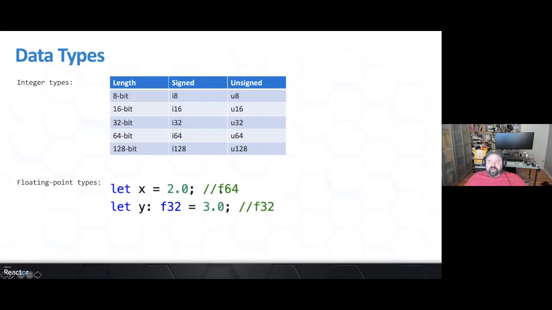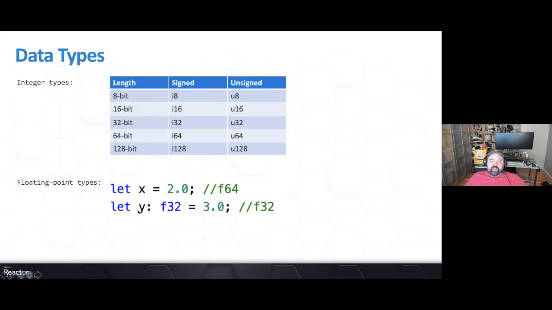So by default, F64, the 64-bit floating point number, is the default, because most modern systems these days are 64-bit architectures, and there's not a tremendous overhead to having that be your default precision. But if you need to specify it, then you'll notice that it's a suffix, a postfix type, as opposed to a prefix type in other languages.